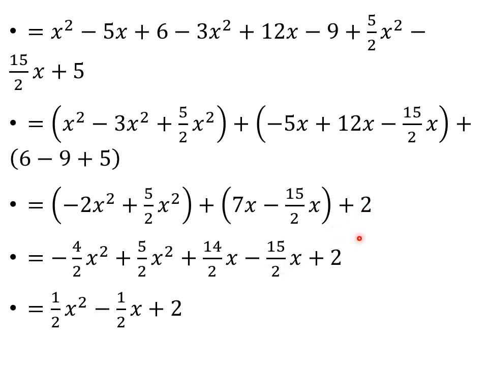Then you write the same 2. Now you can see here plus 5 minus 4, we get 1 upon 2 x squared. 14 minus 15 gives minus 1 upon 2 x. Plus 2 you write the same. This is how we get the simplification of the question.